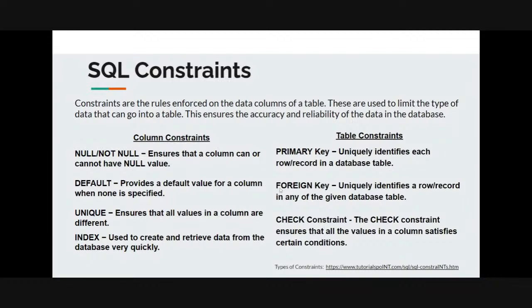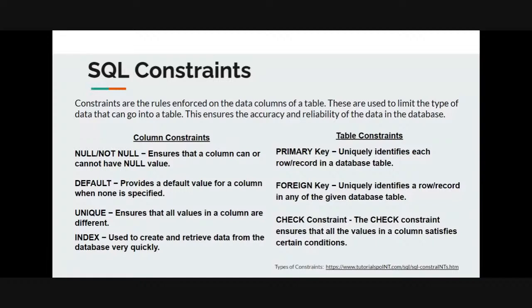A foreign key uniquely identifies a row record in another table. It's not a primary key, but a foreign key is usually something that uniquely identifies how it connects to another table. So for a foreign key, you could have a foreign key on one table and then join that with a primary key of another. A foreign key is like a secondary key of a table that's not a primary key.